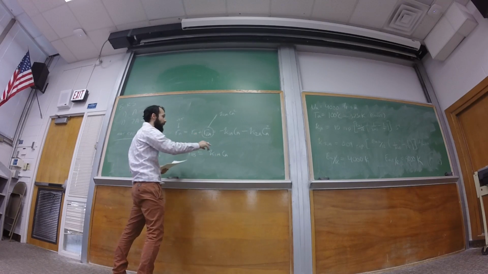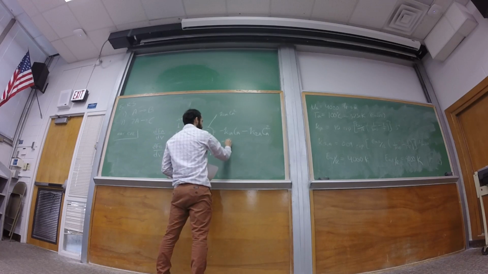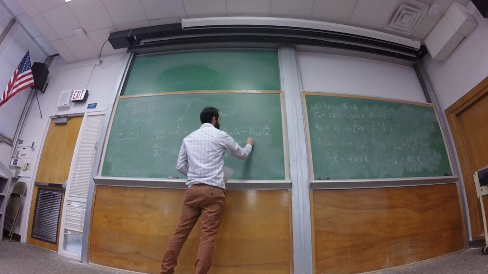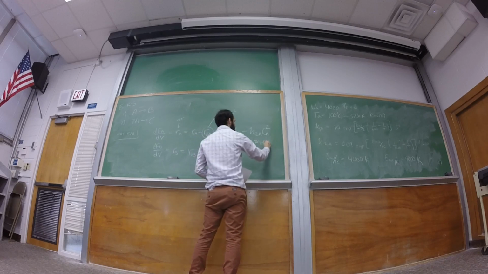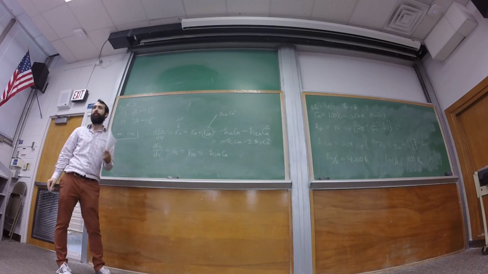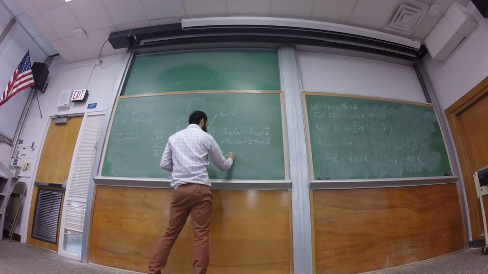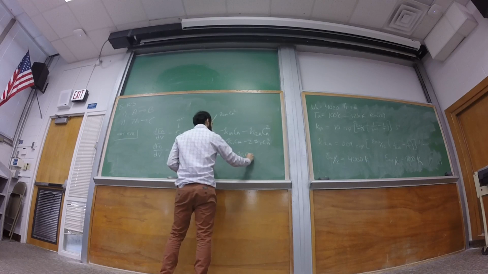Except then it'd be 2 times. Yeah, I'll put that up here for reference, but don't let it confuse you guys. This will be K1 minus 2 times K2 CA squared. So I'm consuming 2 A's every time I do that second reaction. All right, so this is this one, which is also equal to just K1 CA.